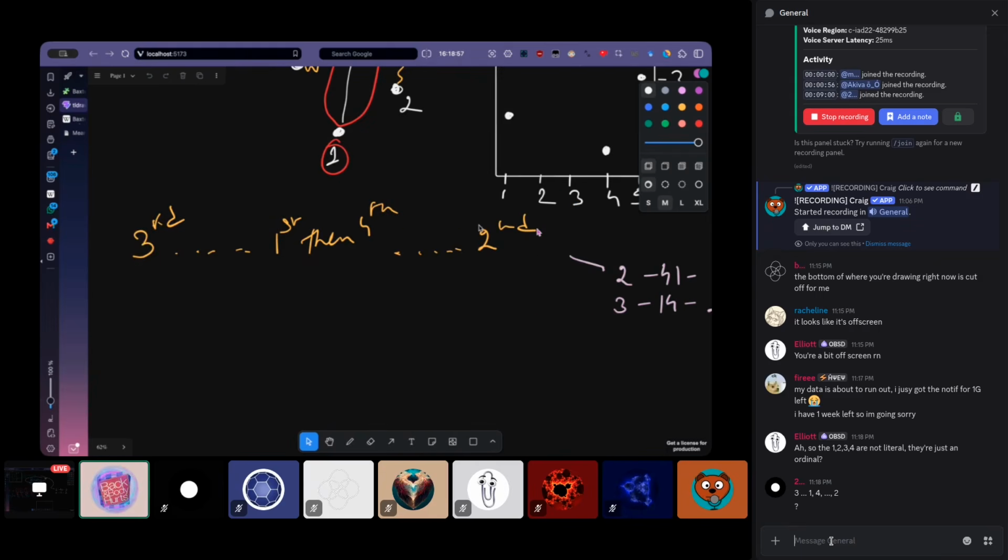Yes, exactly. That is why we write it as 3, then the dash 142. Some of us would also write it as 3142. So these are just notation based on different conventions, but that's the idea.